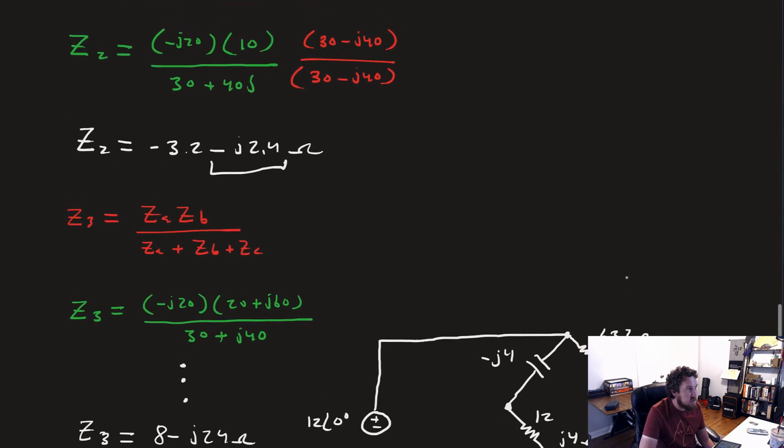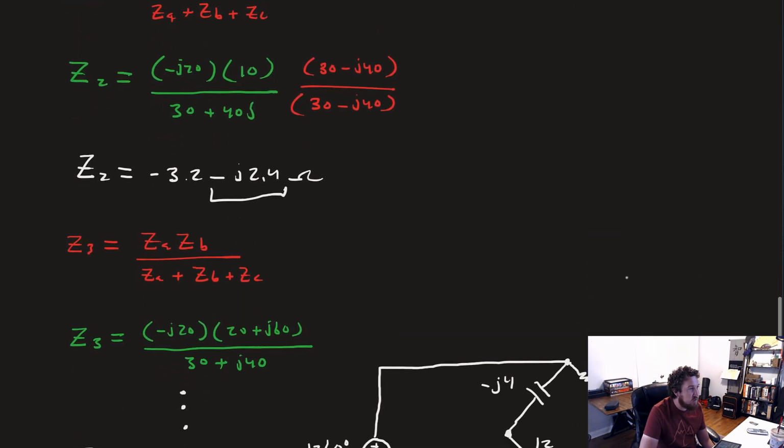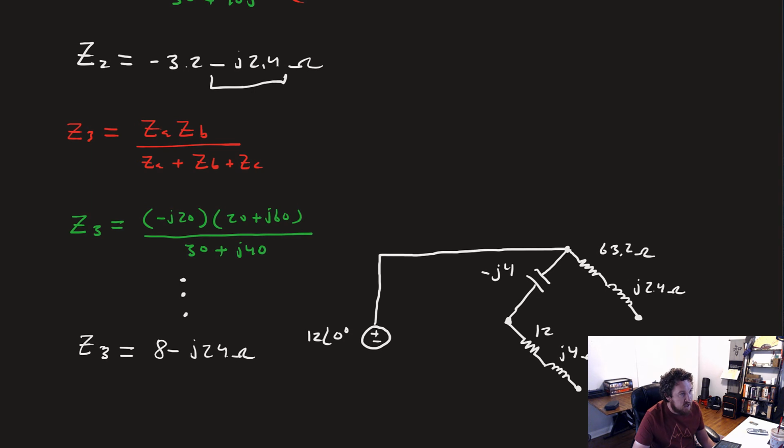And then Z2 was minus 3.2 minus J2.4, so we'll have here a resistor connected to a capacitor, and that'd be minus 3.2 ohms minus J2.4 ohms.